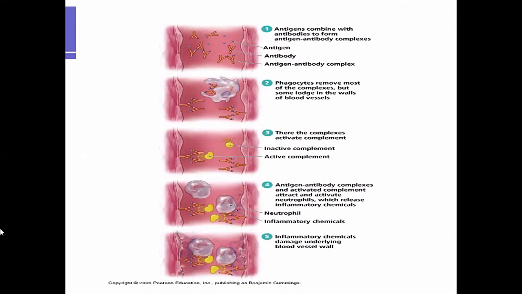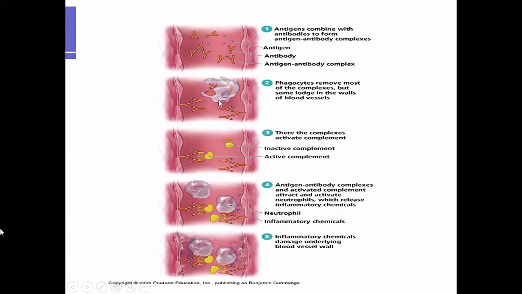So we have here the antigen reacting now to the antibody. So the reaction will form now the antigen antibody complexes. These are the complexes that cause destruction of the tissues. So this will be phagocytosed initially by the phagocytes.